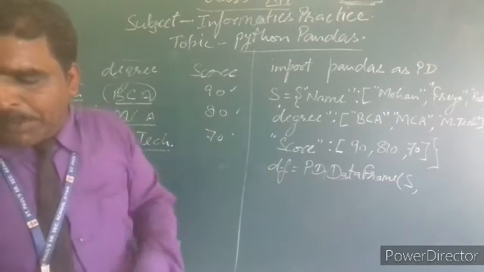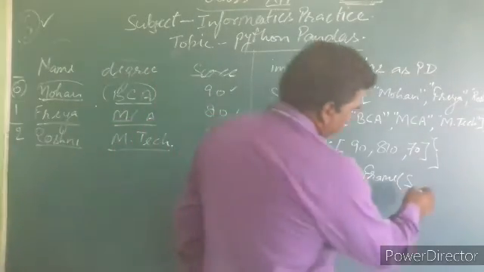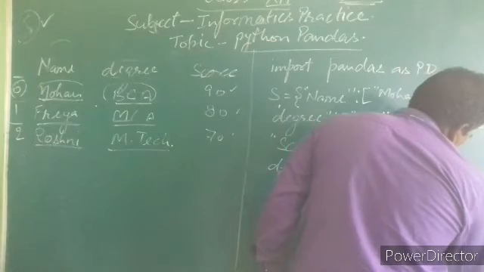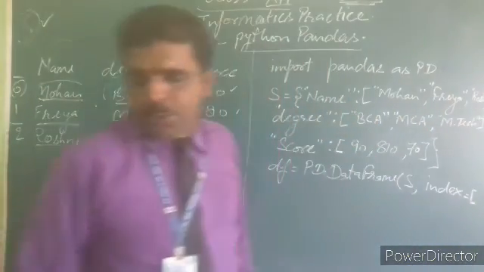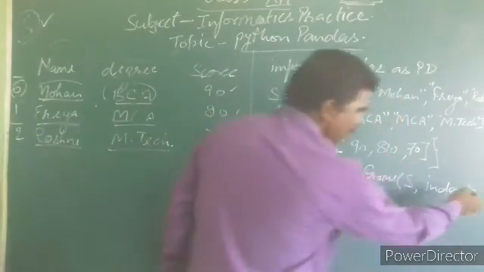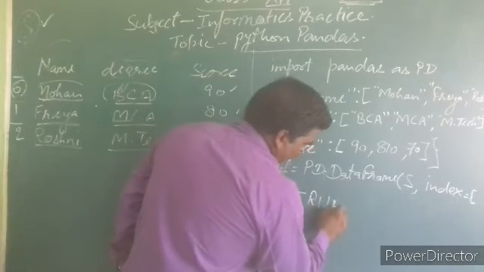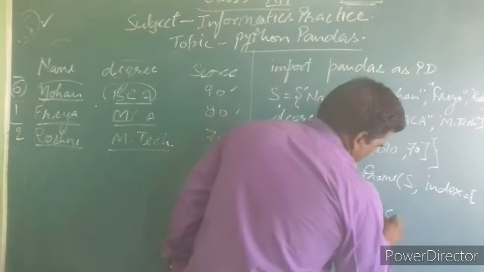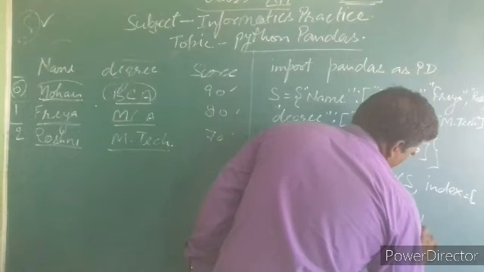After that the index number you can store, index equals to. Index equals to, you can write, at the place of this, I'm writing here true, comma, false, comma, true.